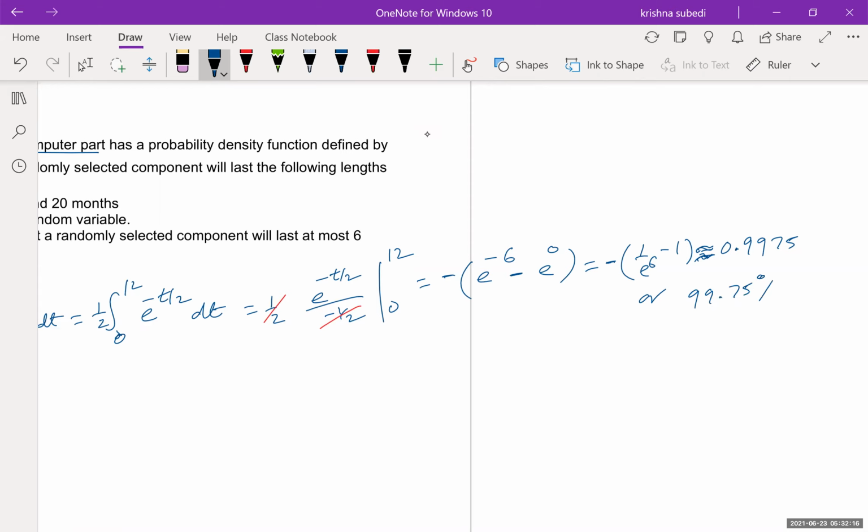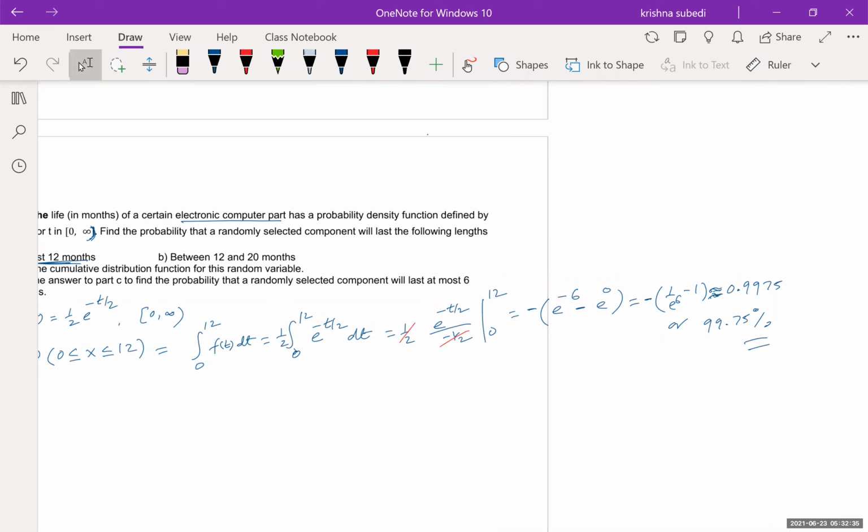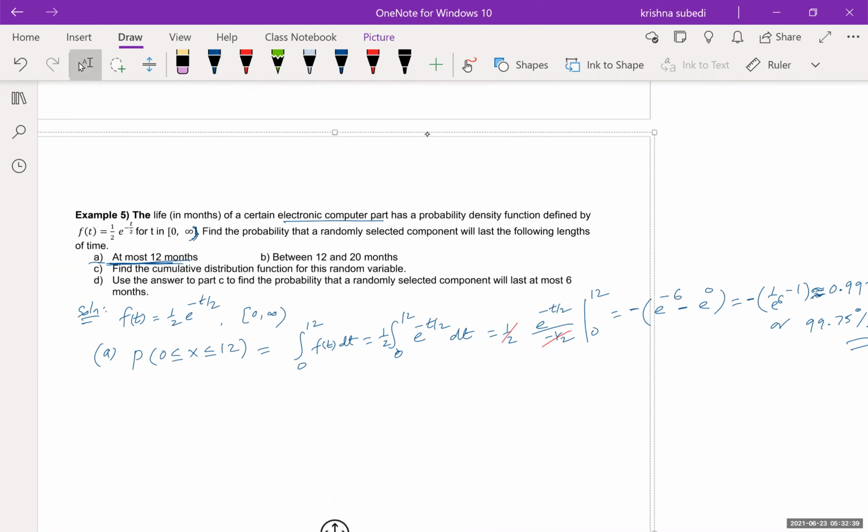The chances that the computer part will work up to 12 months is almost 100% sure, right? 99.75% certain that the part will actually work at least 12 months, at least 1 year.